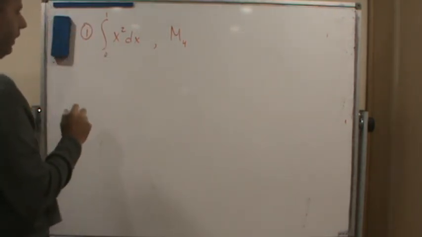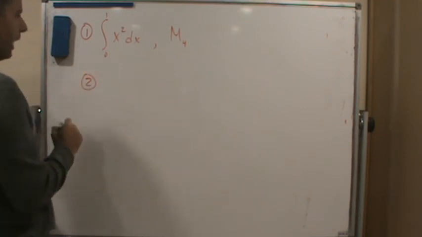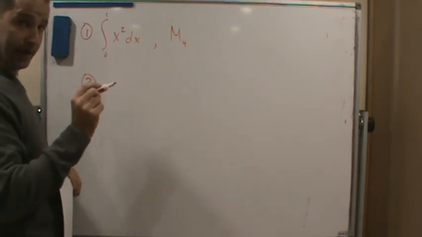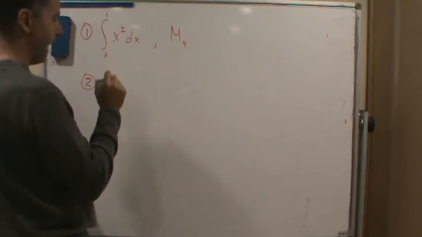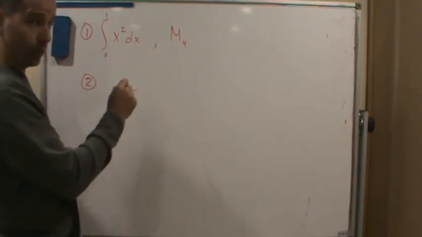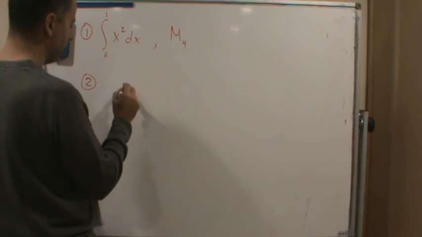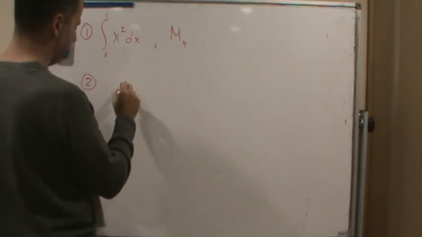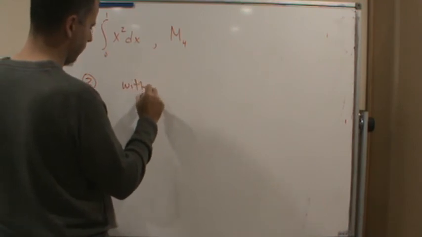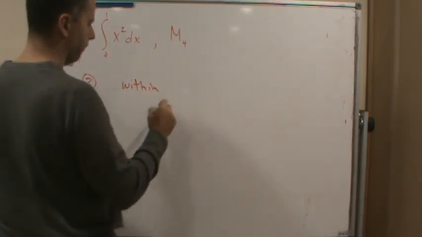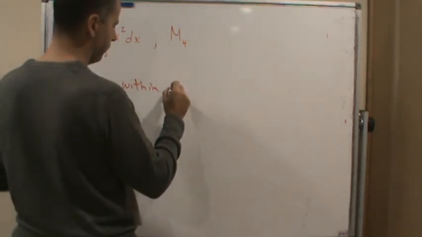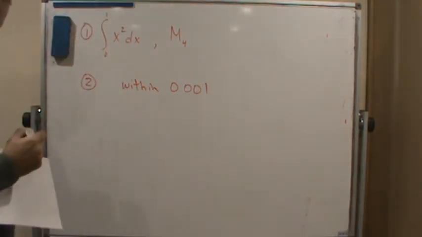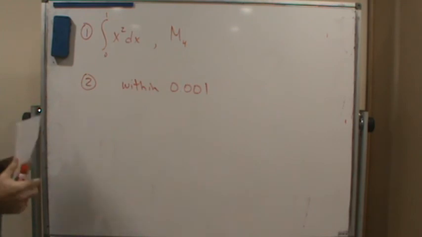And then 2, I want you to find n such that the maximum error using the midpoint rule is going to be within 0.001. Okay, so 2 questions there.